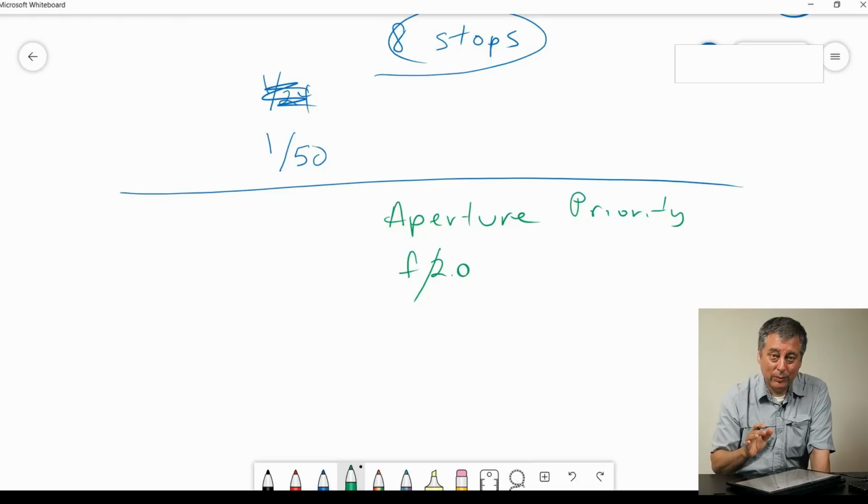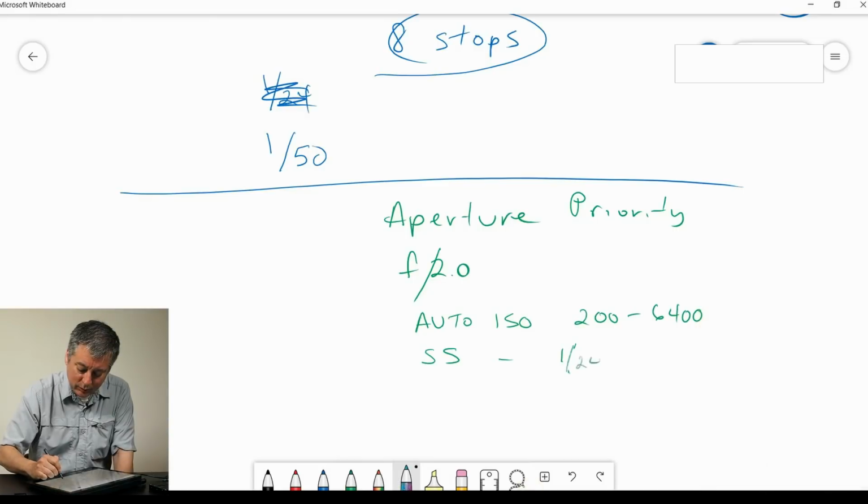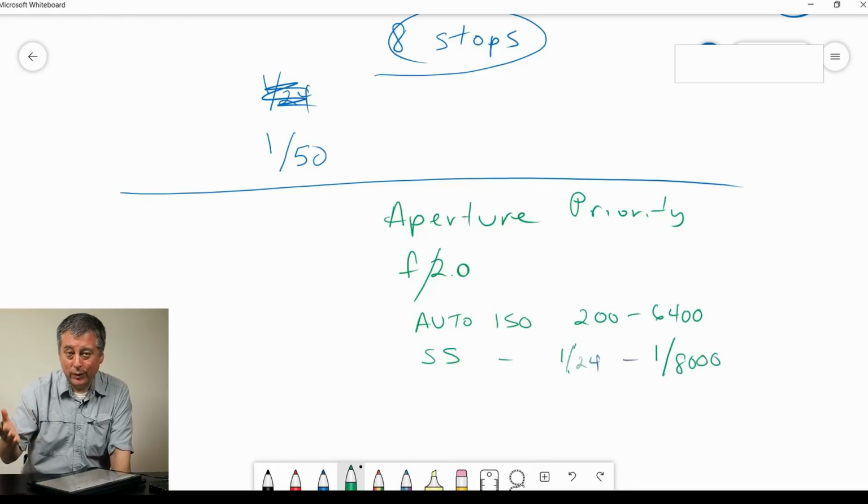Because when you're in aperture priority, the camera is going to be in auto ISO between 200 and 6400, and it's going to control the shutter speed between 1/24th of a second and 1/8000th of a second, or 1/4000th.